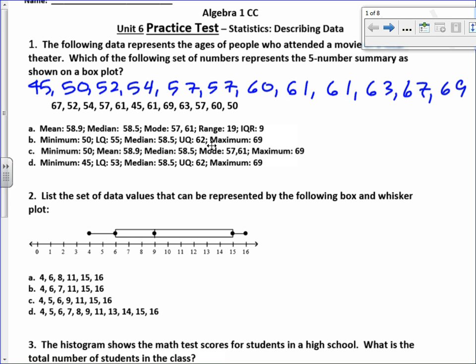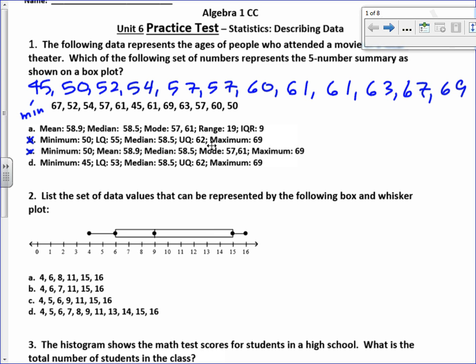So the minimum is 45. Let's see, no minimum even listed. I haven't done it yet. The minimum here is 50, so it's not that. I don't know if it's not A. I really can't eliminate A yet because all I'm doing is looking at minimums. Okay. We know it's not C. Here the minimum is 45. Okay, the maximum is 69.